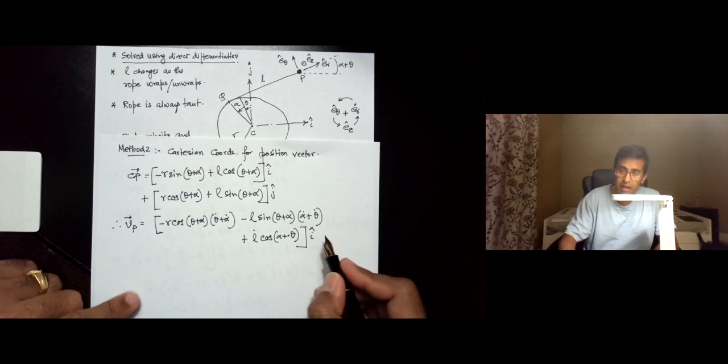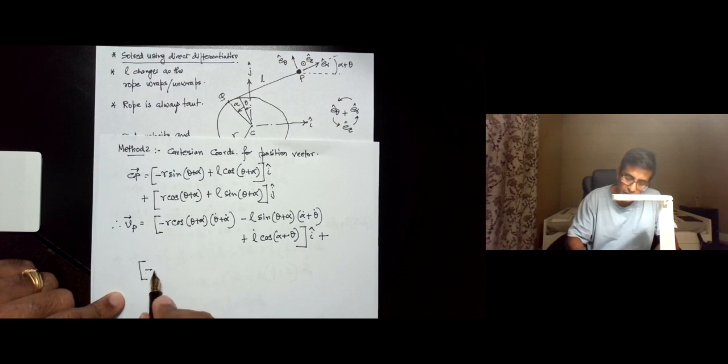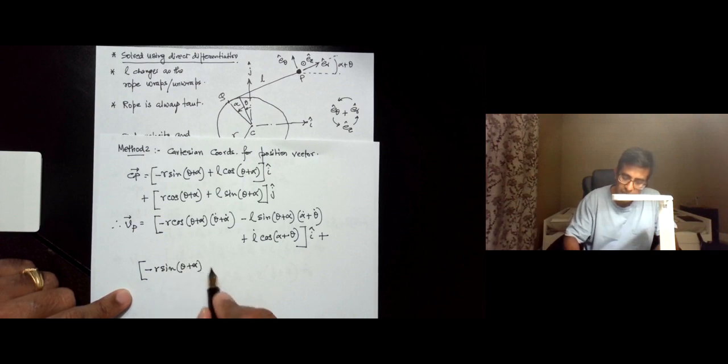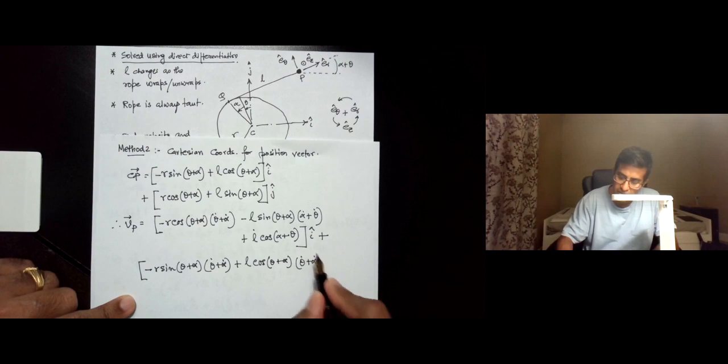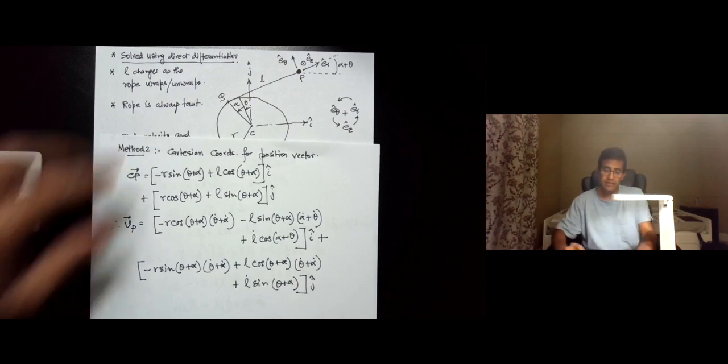This entire expression is in the i direction, and plus in the j direction we have minus r sine theta plus alpha times theta dot plus alpha dot, plus L cosine theta plus alpha times theta dot plus alpha dot, plus L dot sine theta plus alpha, and this is in the j direction.